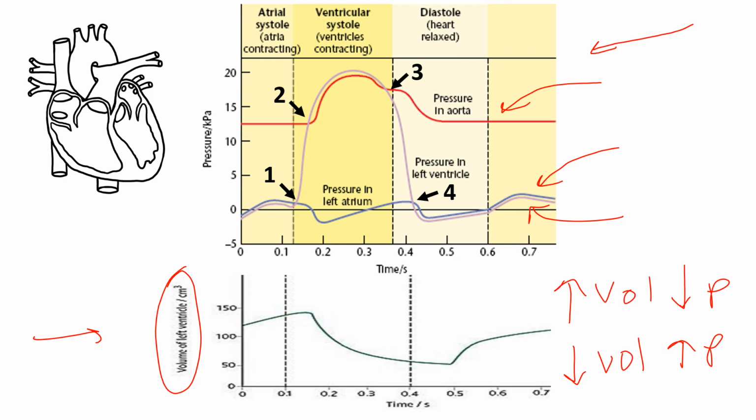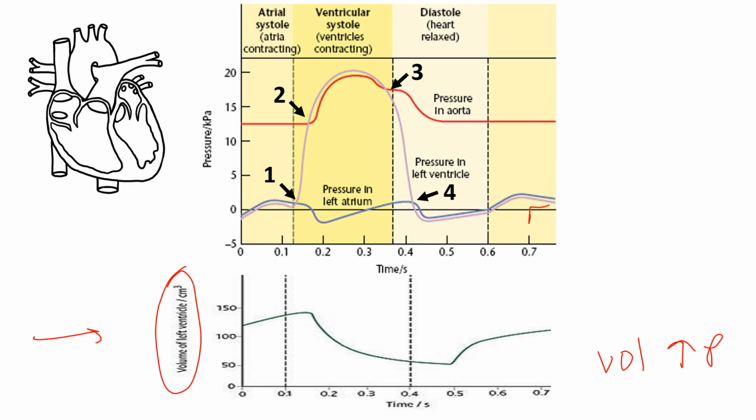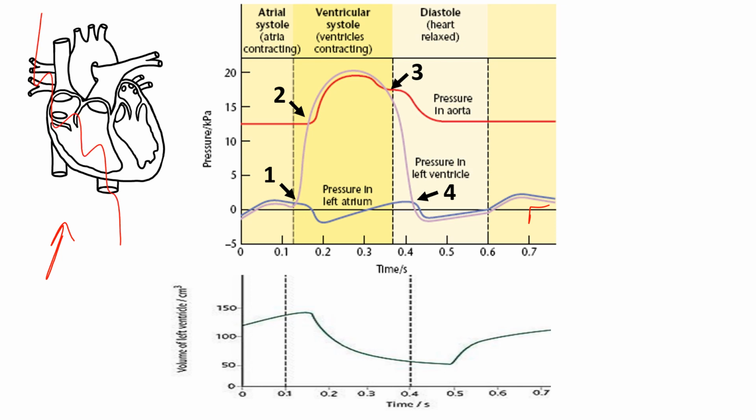We need to be able to describe and explain what's happening in this graph. I'm going to try to do that, and link in this diagram to identify what's happening in the different parts of the heart. Remember, we're looking at the left-hand side, so I'll put a squiggle through the right-hand side. The first thing in this graph is atrial systole.